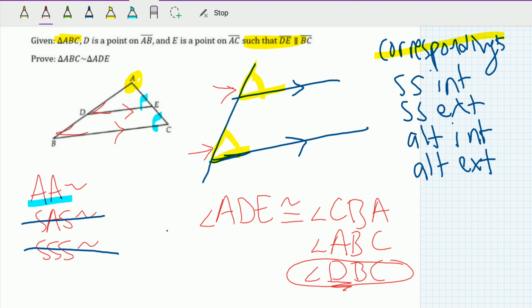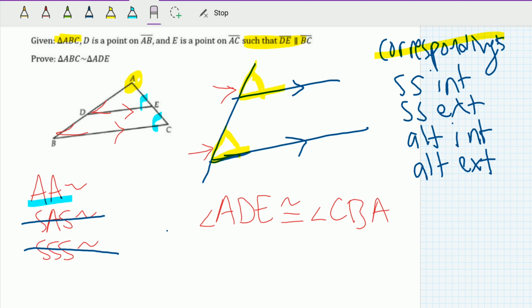So you've got to be very careful with it. I'll be lenient with it, but not that lenient. Think of it like it has a smaller triangle and then the big triangle, the ABC triangle.